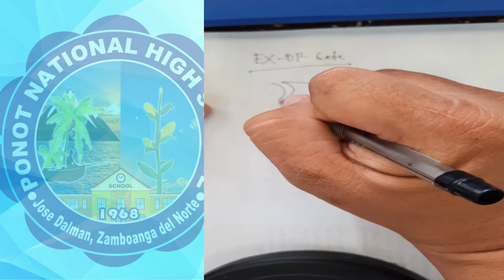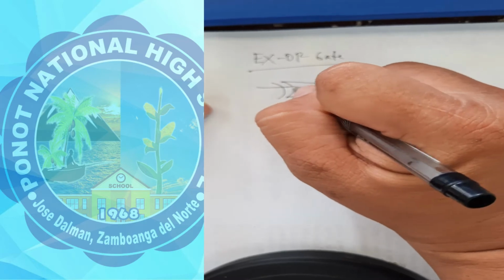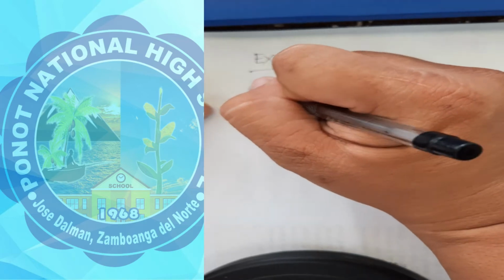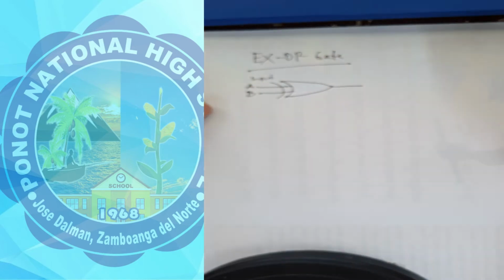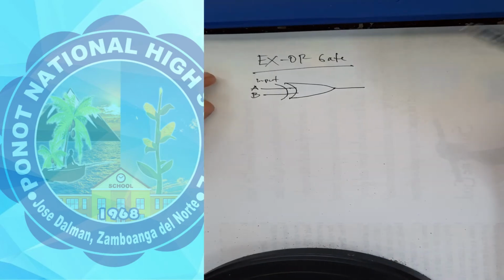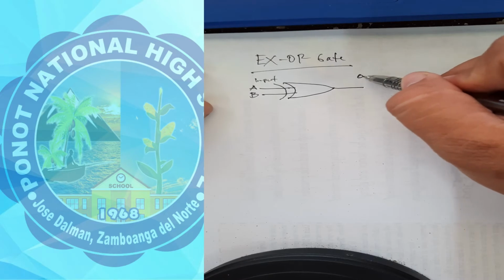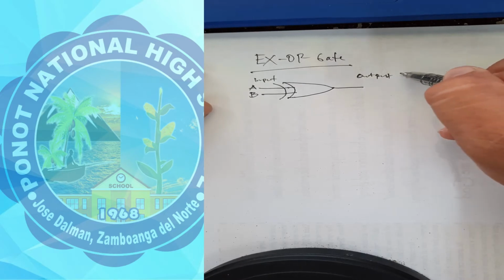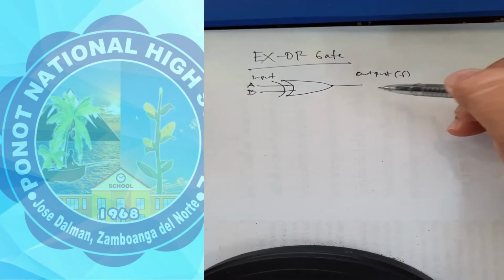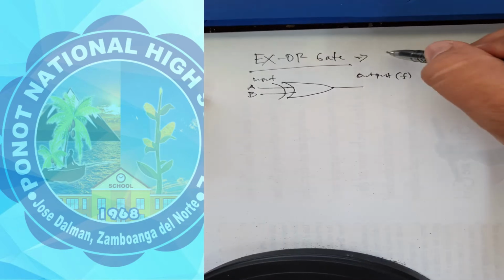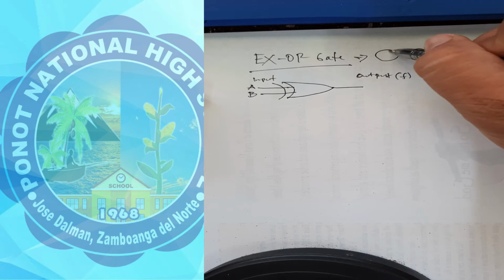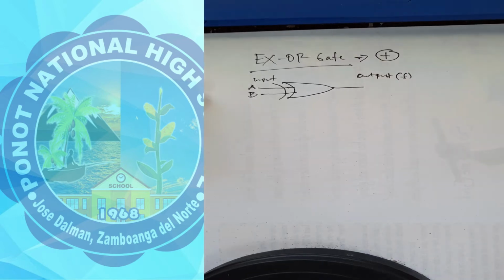Then, mayroong isang ganyan at meron tayong inputs, A and B. That is your input, and this is your output F. In the XOR gate, the symbol used here is an encircled plus sign.